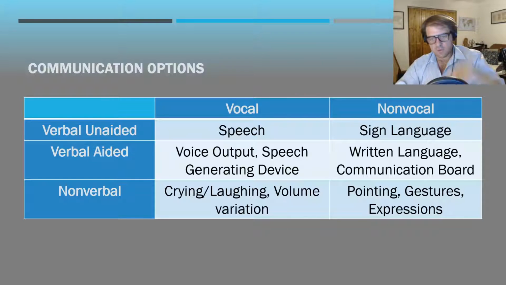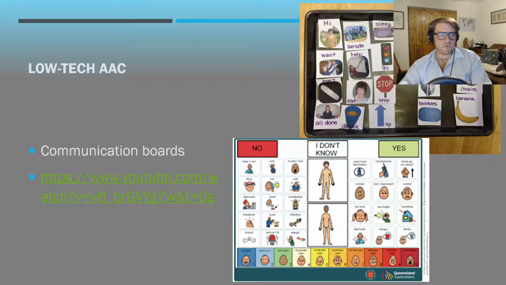Non-verbal, but it is vocal. And then non-verbal and non-vocal is like pointing or just expressions. So there's a whole continuum here. Well, yeah, this fits in with our continuum of communication. So again, that's mostly just for your notes.